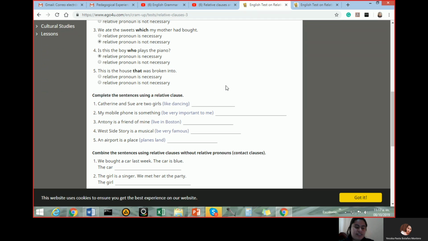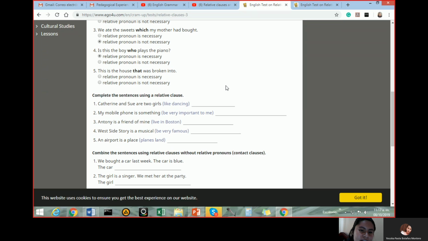And finally, number 5. In this case, it's necessary because the house is the subject; we don't find an object in the sentence.